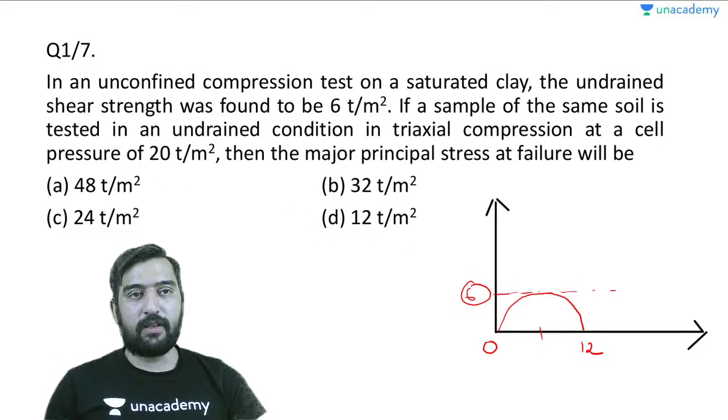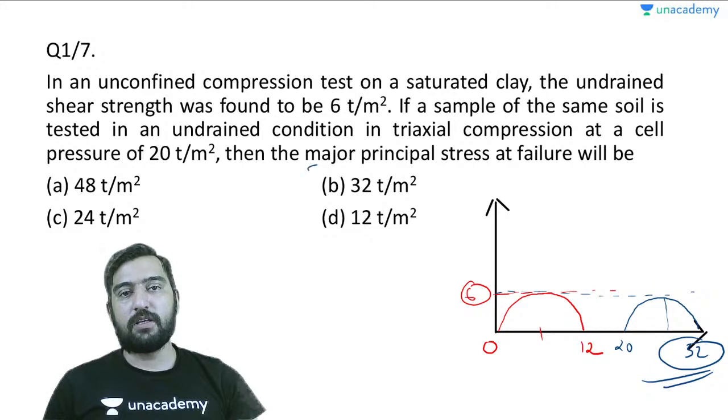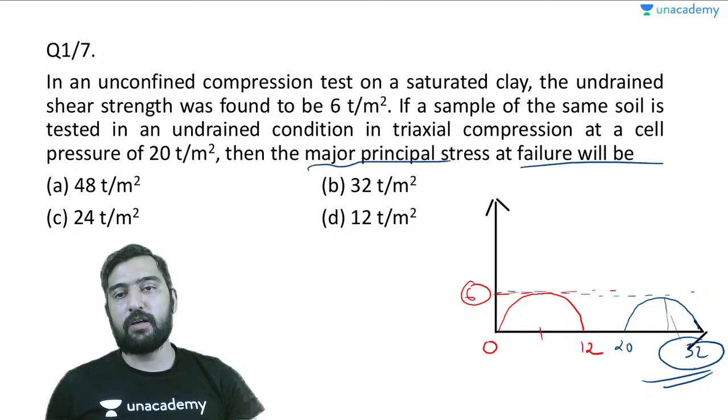And if the confining stress is 20, then the strength has to be the same. So 20 plus 12 is 32. The major principal stress at failure would be 32, because this diameter has to be the same.